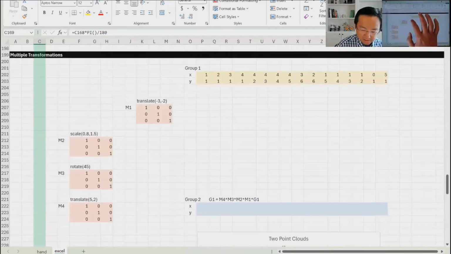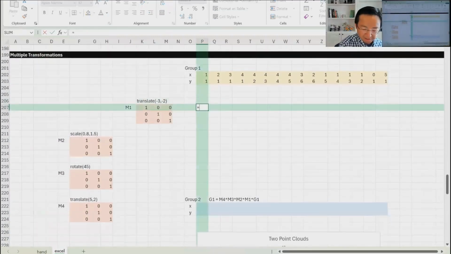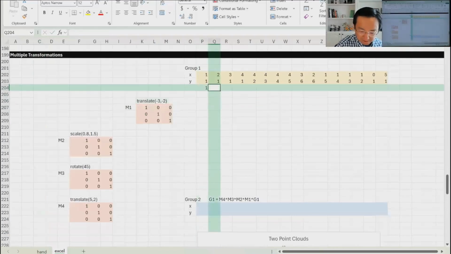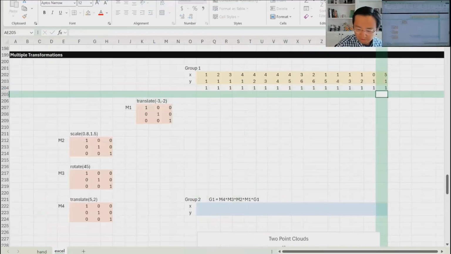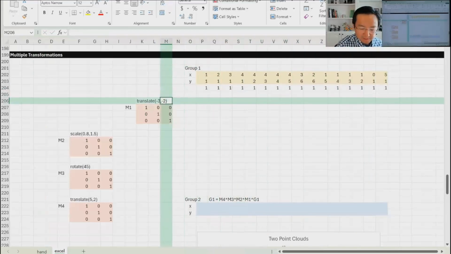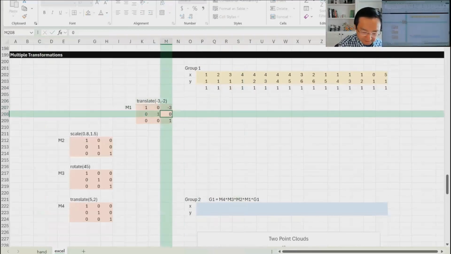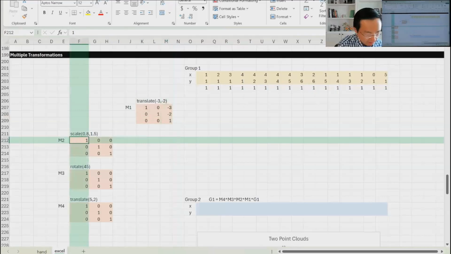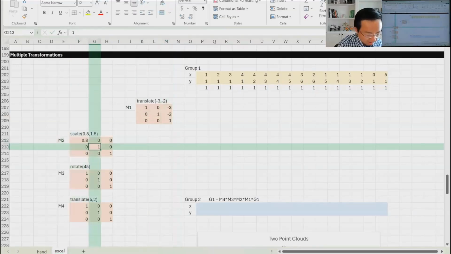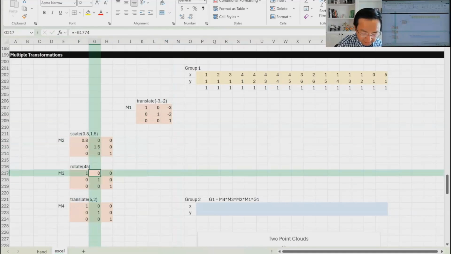So in this case, earlier we just have first again 1s. We almost finish. And then I'm going to fill it real quick, minus because translate, and this is scale, so 0.5, 1.5. This is rotate. What is it?